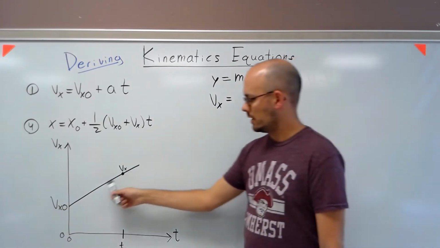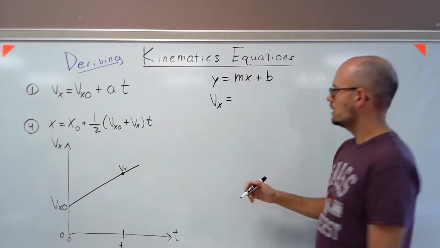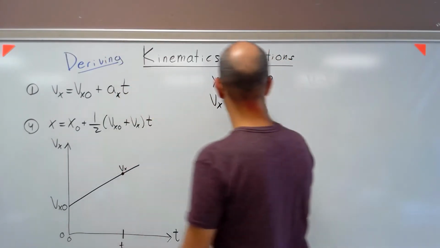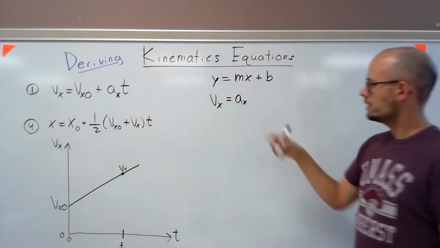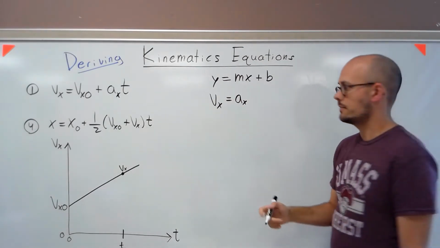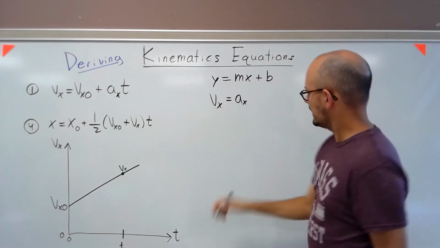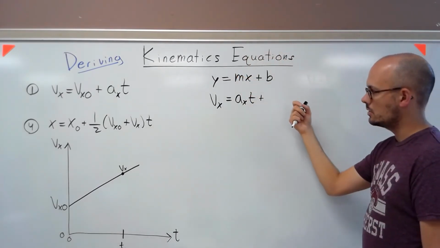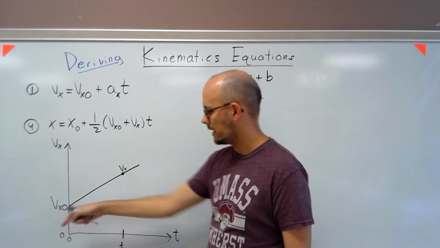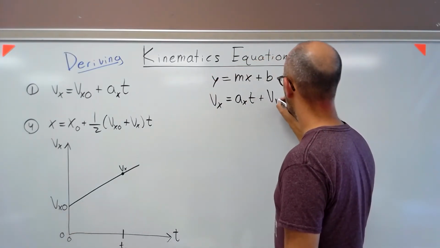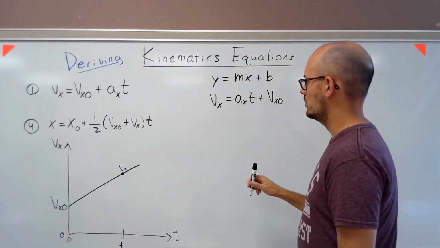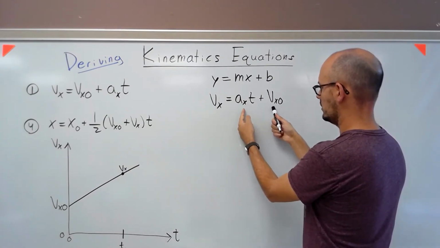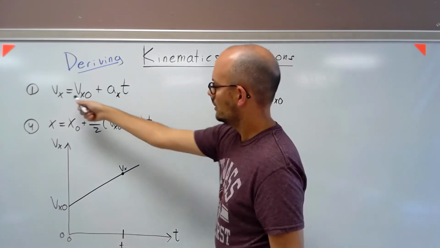The slope of a line on a velocity versus time graph is equal to the acceleration. I'm realizing I forgot the x there, so the m, the slope, is the acceleration in the x direction. The x variable is time. And then the b, the y-intercept, is our initial x velocity, vx naught. Just take a look: I'm not going to rewrite it, but this equation is just a rearranged version of this equation.